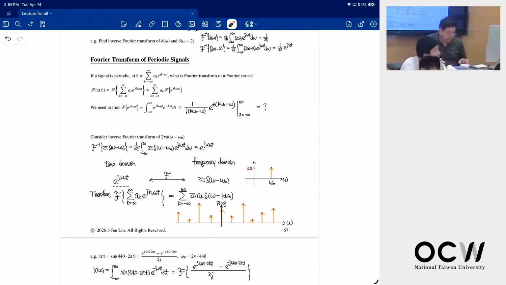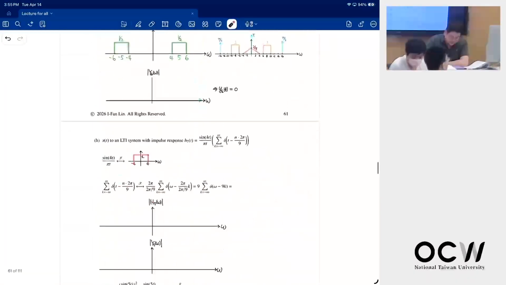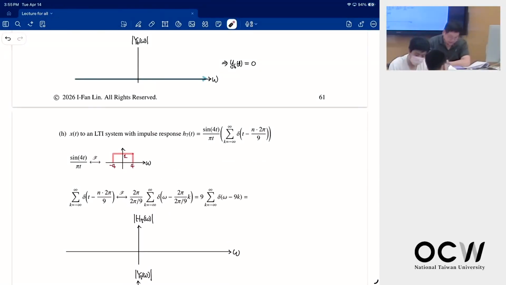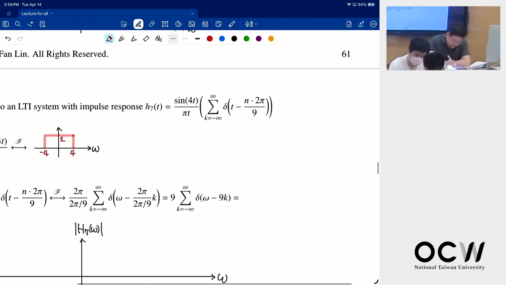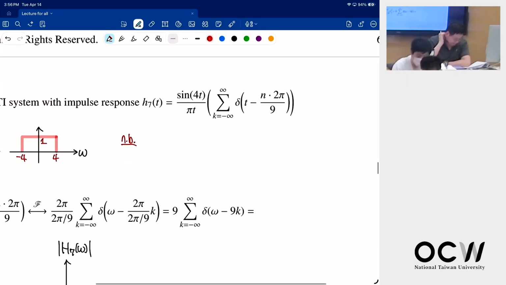Okay, so remember that we can express your signal in this series. And then we can find the coefficient. So this one, I think I can write here. Here's a note. Let me see.